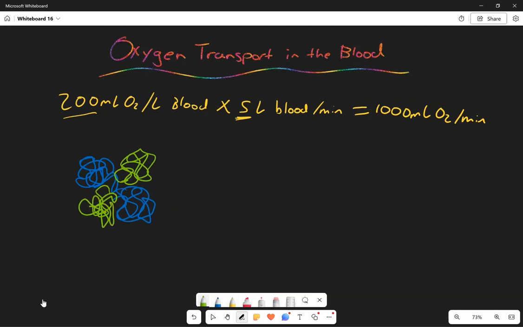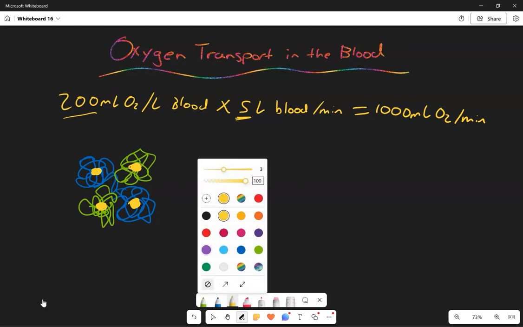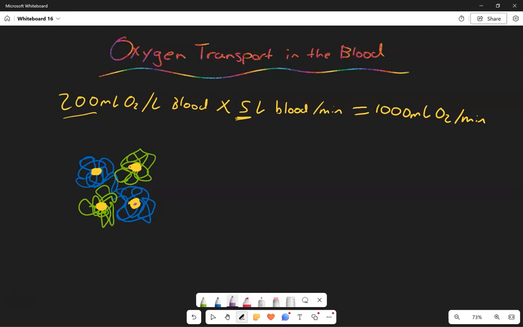Now, in the center of each one of these globular units is a heme group. And in that is basically an iron molecule. Okay, so we'll write that. That's an iron.